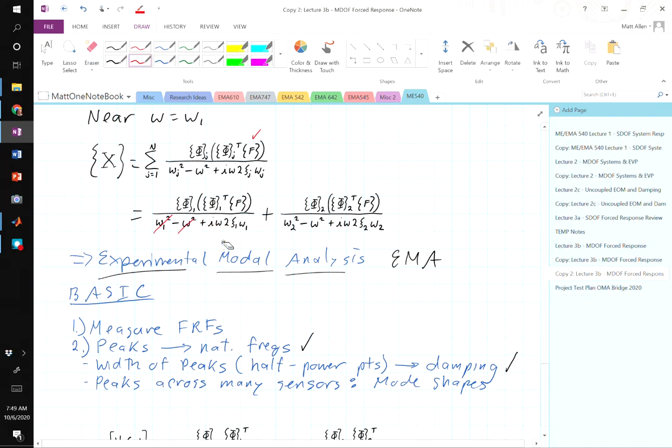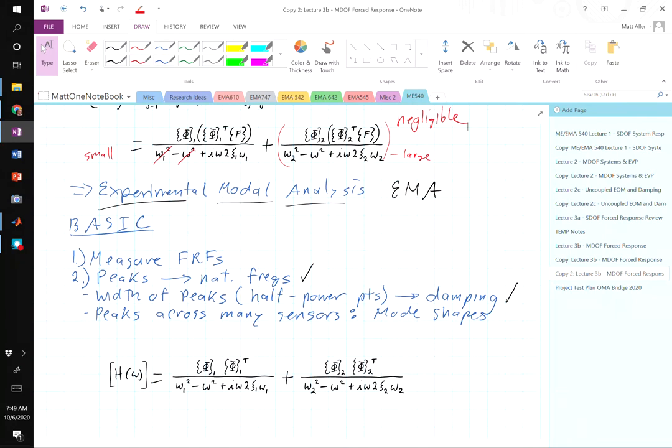I guess I should say that's just the denominator. This denominator is going to be large, or normal size, I guess we could say. So this whole term we can say is negligible. And so near the resonance for mode 1, that's what allows us to use the peak and the half-power bandwidth to figure out what this mode is.